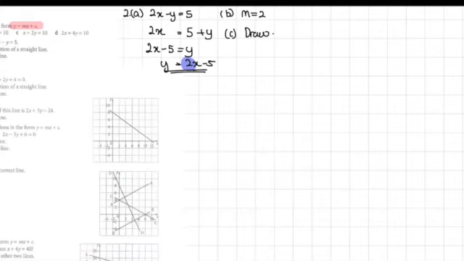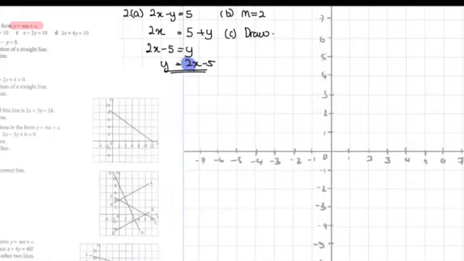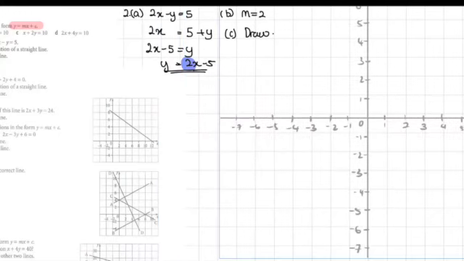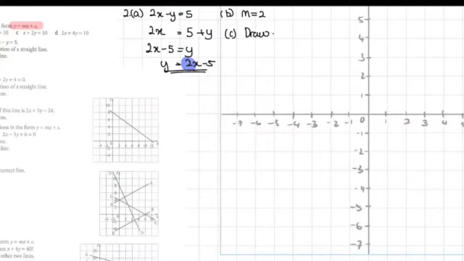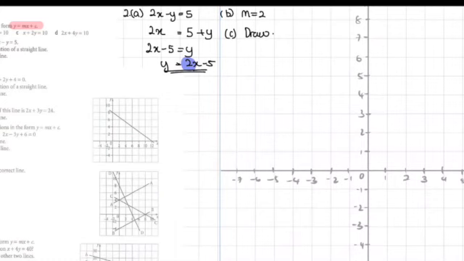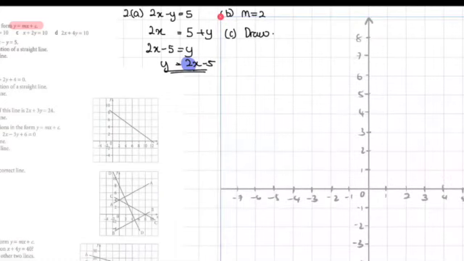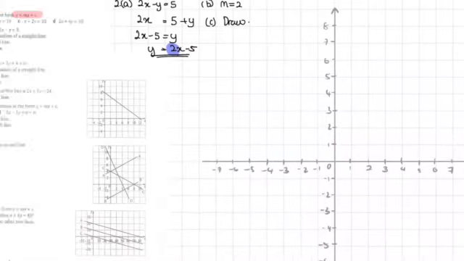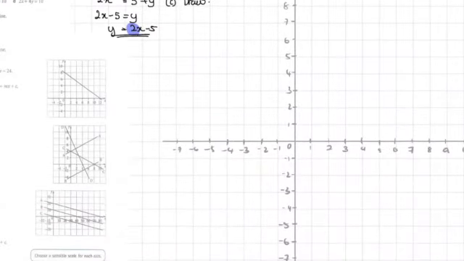If we need to draw, then we need to have our graph. Say our graph here. When x = 0, y = -5. So I can just plot it here.